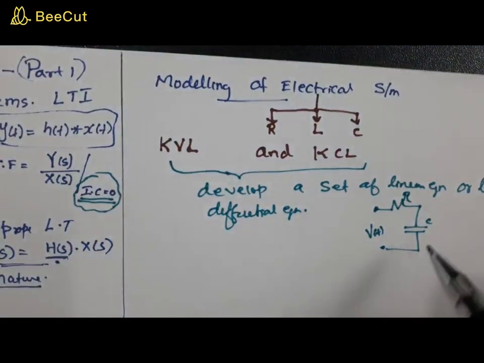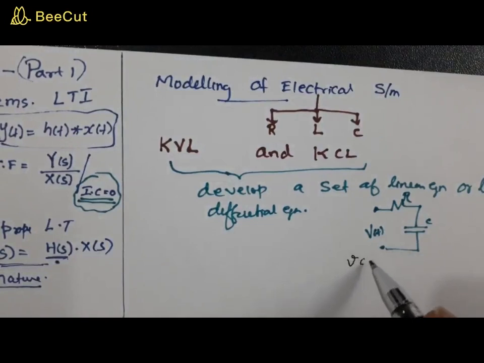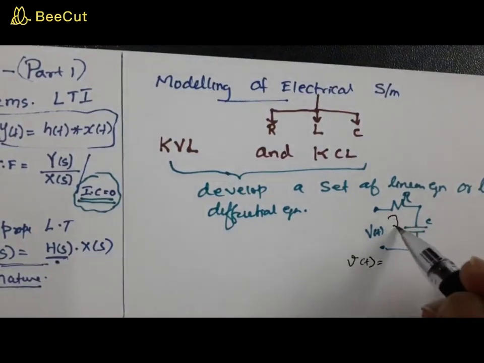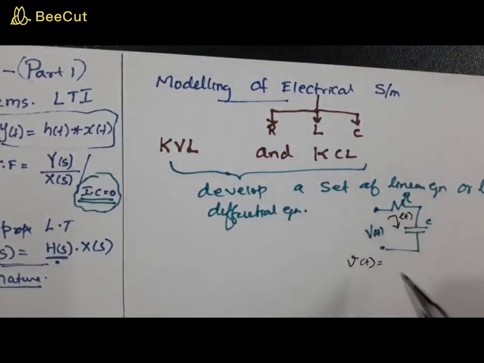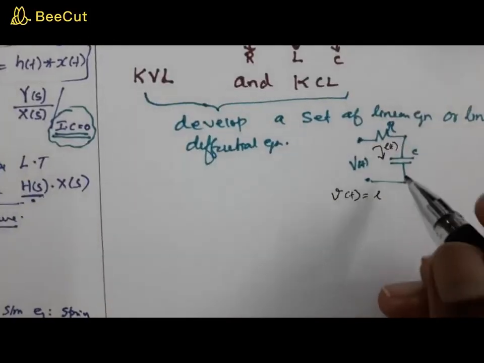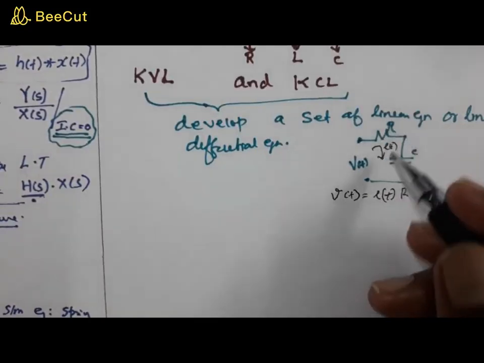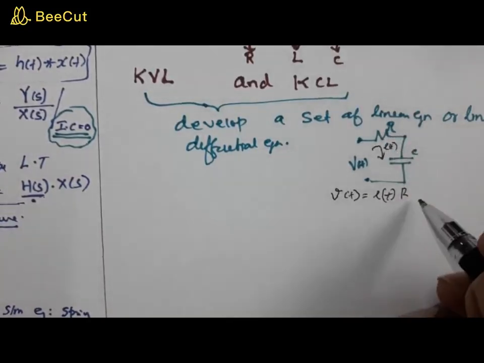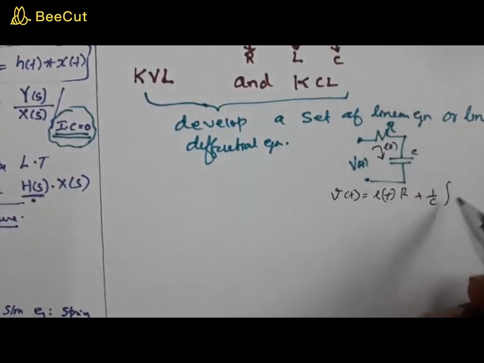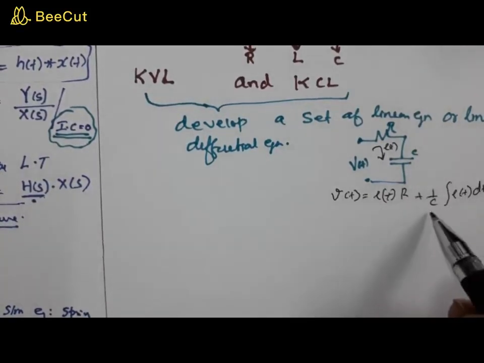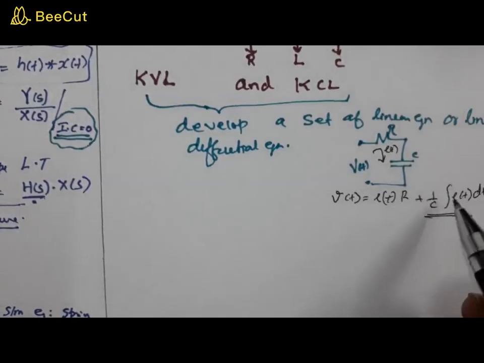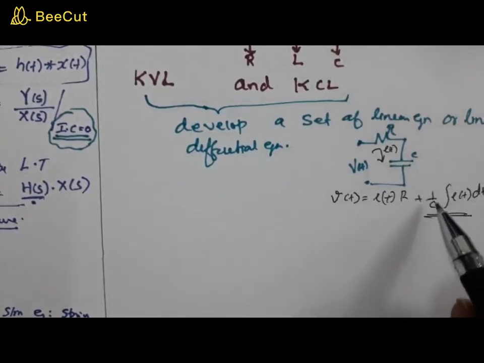V of t equals, assume that a current I of t flows, so this is equal to I of t into R, that is, you're applying KVL, plus 1 by C integral I of t dt. This is the voltage drop across the capacitor for a time function, right? 1 by C integral I of t dt.